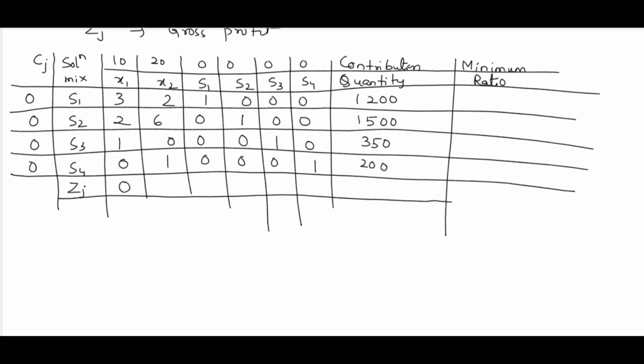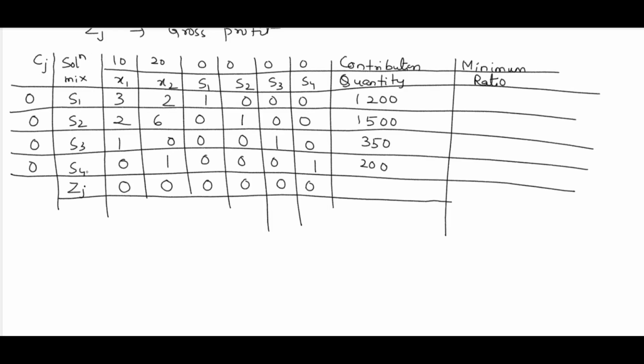The summation of all these gives 0. Similarly for x2, 0 into 2, plus 0 into 2, plus 0 into 2, plus 0 into 6. In this way you can do that, and similarly here also you will get 0. So this is ZJ.